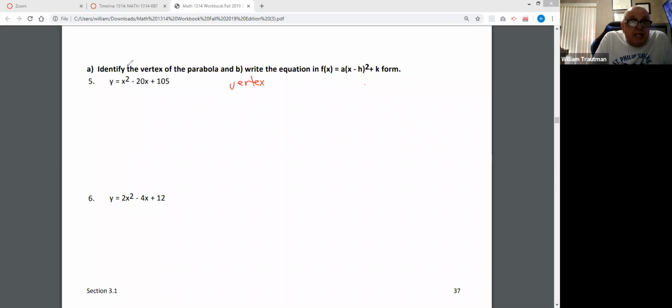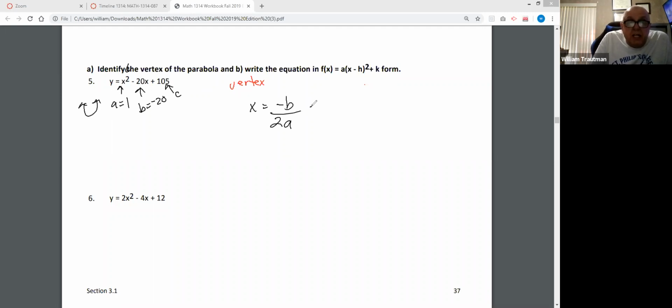By the way, it's an x squared graph, so I know it's a parabola somewhere on my graph, right? So to find the x value of the vertex, don't forget it's negative b over 2 times a. A, in this case, is the number in front of x squared, which is 1. B is the number in front of the x, negative 20, and then that's c, but that's not part of our formula.